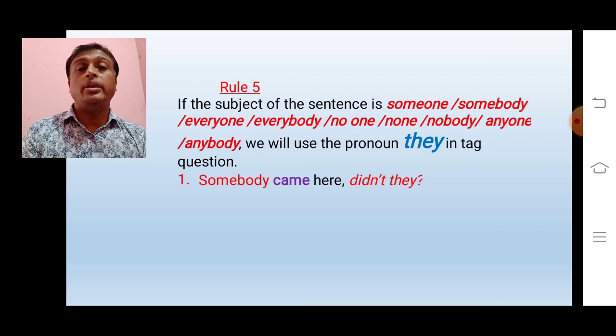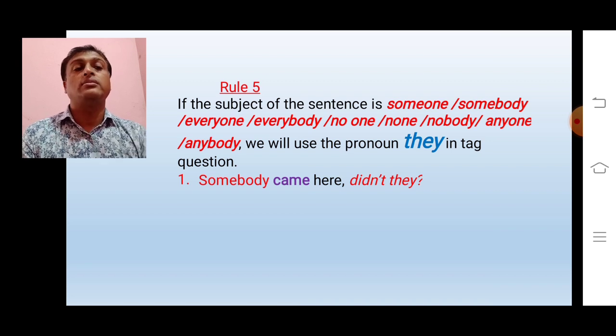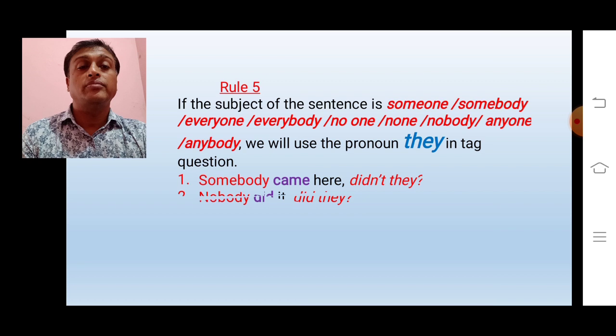So, we will use did as the auxiliary verb of this sentence. And as this sentence is a positive sentence, we will write not. And as the subject of this sentence is somebody, we will write they as a pronoun of somebody. So, the answer of this statement is didn't they.